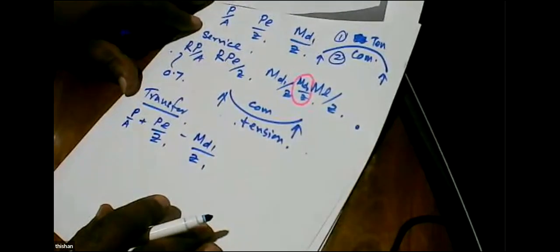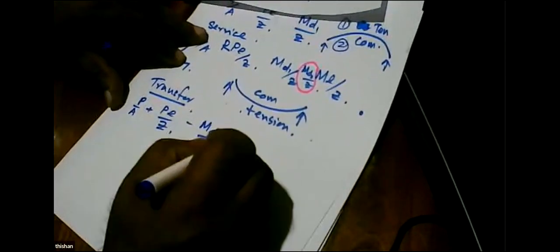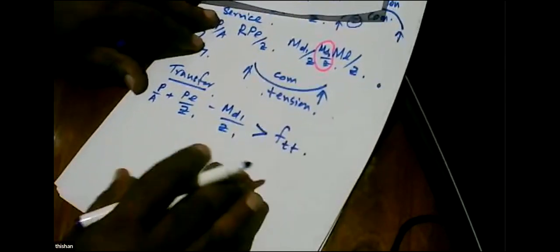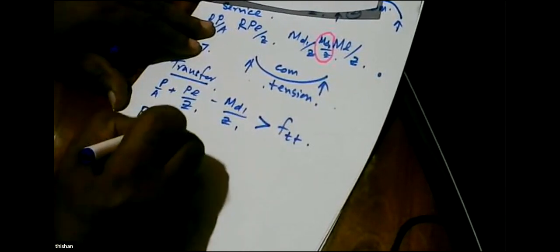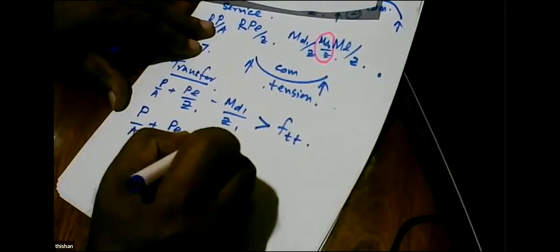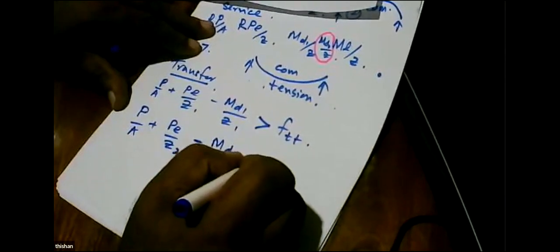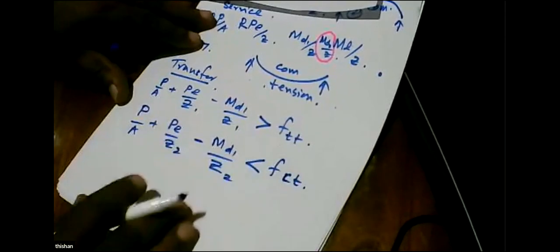It's going to fail in tension, so we say it should be greater than the tensile stress at transfer. And if you look at the bottom fiber, P over A plus Pe over Z2 minus MD1 over Z2 should be less than the compression stress at transfer.